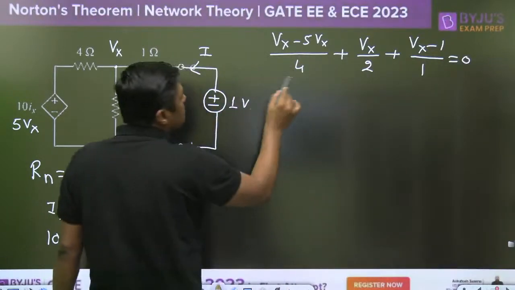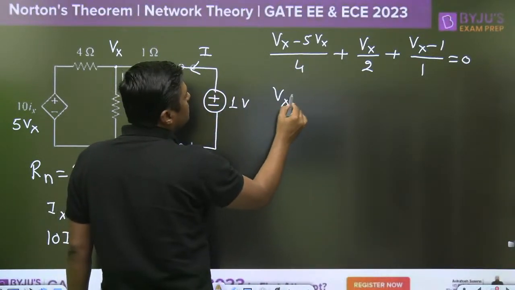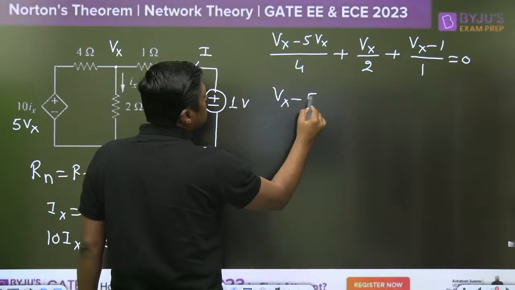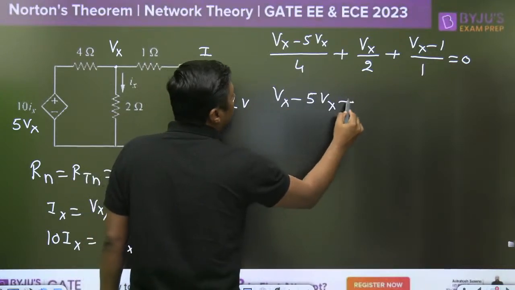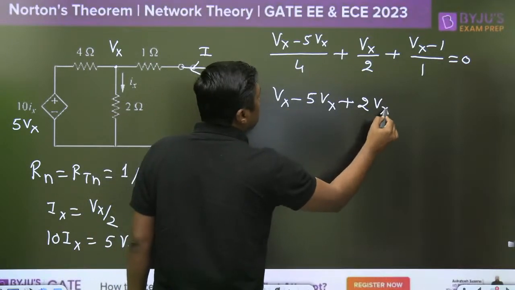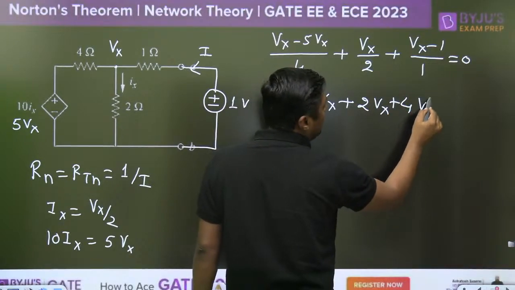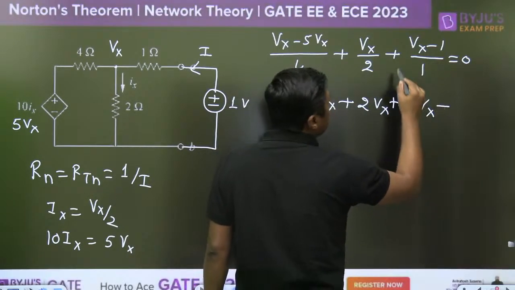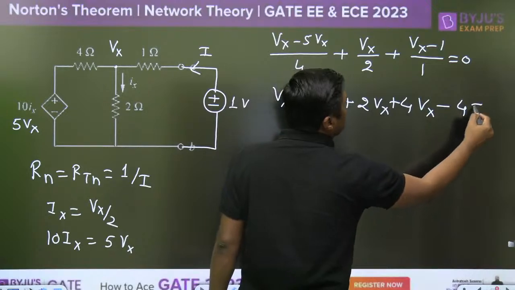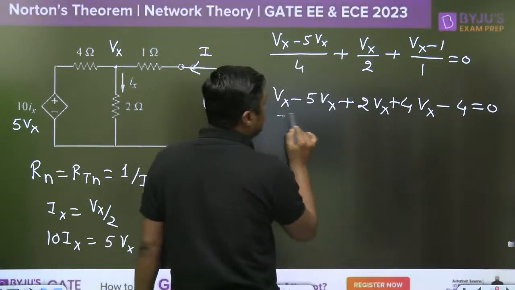You can take 4 as the LCM. Vx minus 5Vx plus 2Vx plus 4Vx, I am taking the 4 as the LCM, that will be 4, is equal to 0, divided by 4.